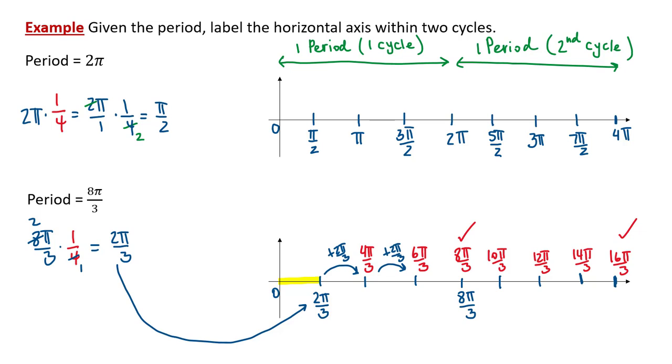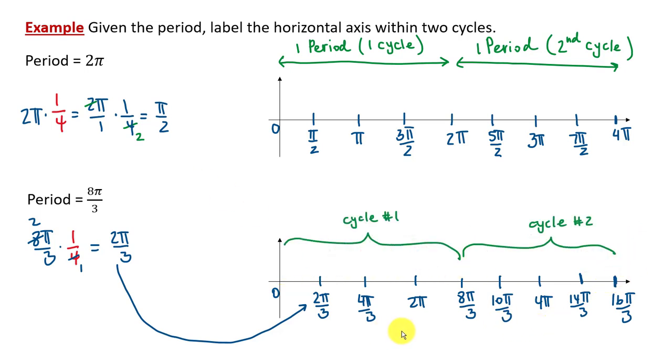So 4 pi over 3 I cannot simplify, I'll just rewrite it. 6 pi over 3 simplifies to 2 pi. 8 pi over 3 I already have. 10 pi over 3 I cannot simplify. 12 pi over 3 becomes 4 pi. 14 pi over 3 I cannot simplify, and then finally 16 pi over 3, like that. So once I have all those simplified fractions, I can erase the scratch work. So that's what we got.